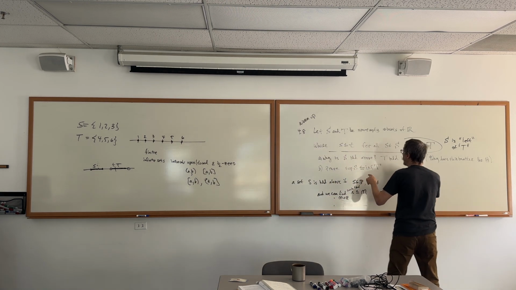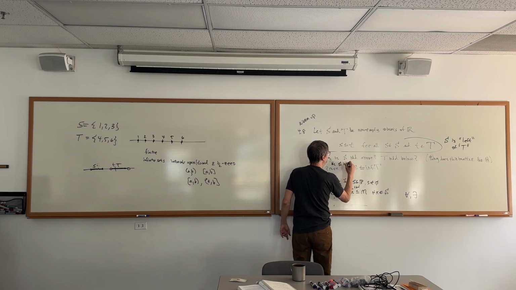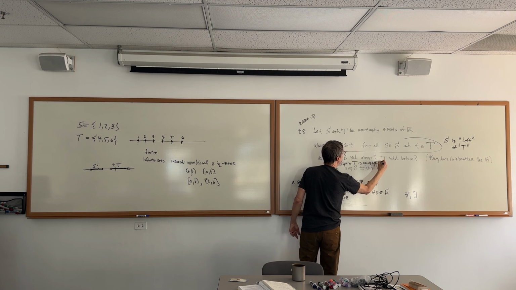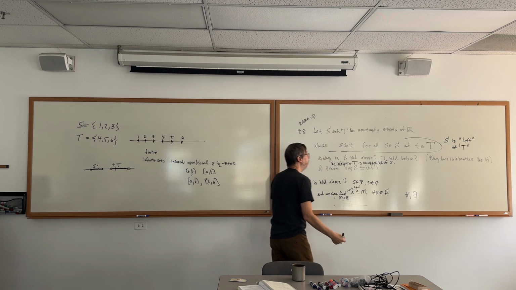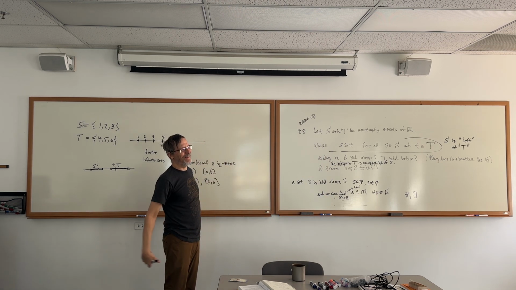All right, so let's see here. Why is S bounded above? Because any T in the set T is an upper bound of S. And then, Camila, let's just finish this up. What's the next part?